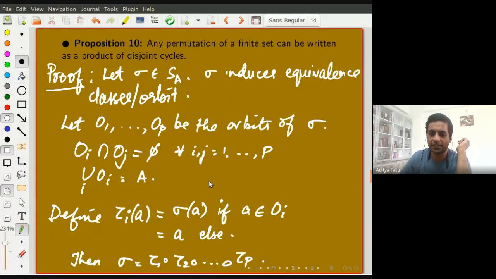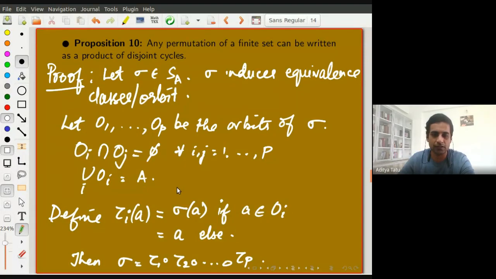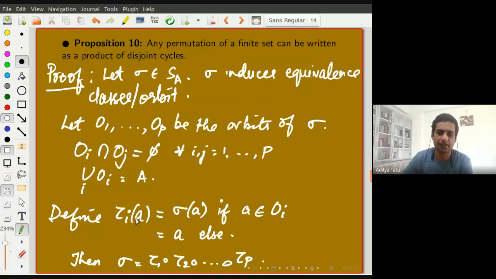Anybody who did not understand this? Anyone? Doubts with this? Sir, I didn't understand this. Okay, so in specific, where is the issue? I mean, the definition of tau i. Fine. So tau i, right?